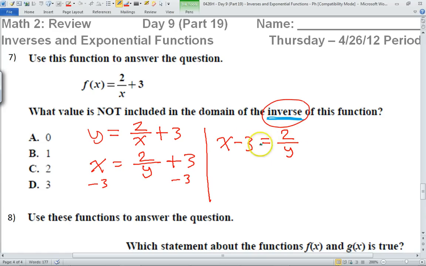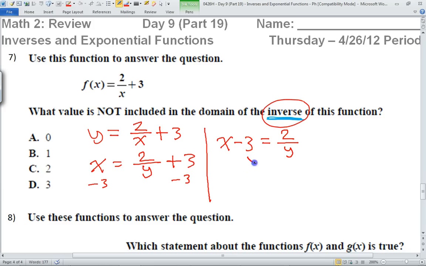There's a couple strange things I could do to get this y out of the denominator, but I'm really hoping you remember the shortcut that I've been trying to teach you. What's the shortcut we can do when we want to get a variable by itself and it starts out in the denominator like this? Who remembers?